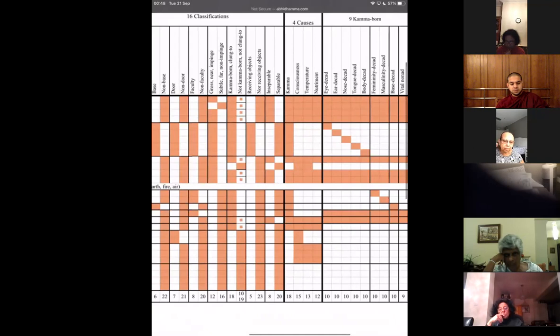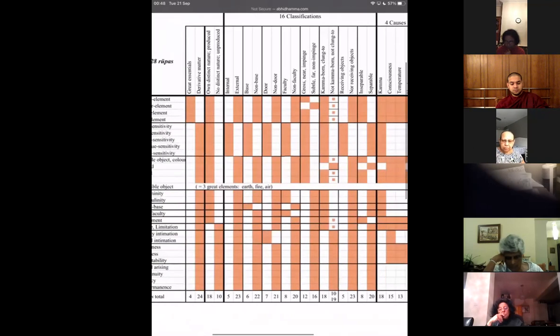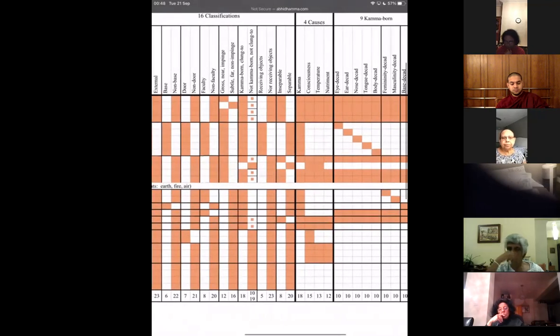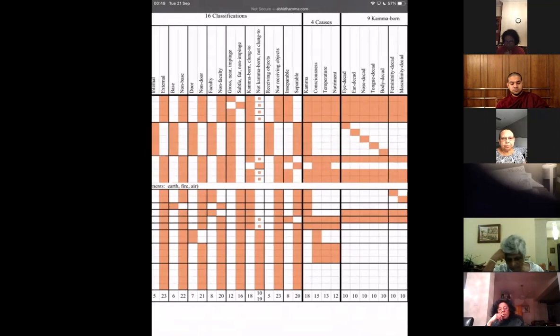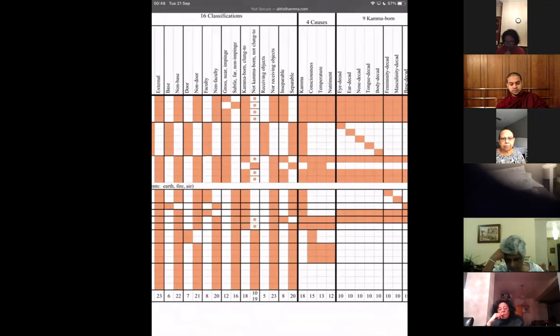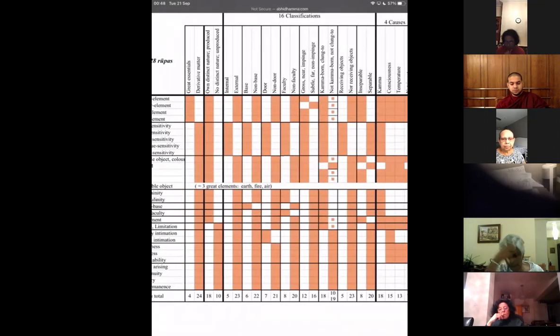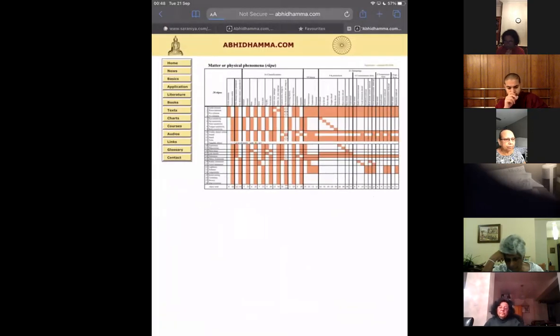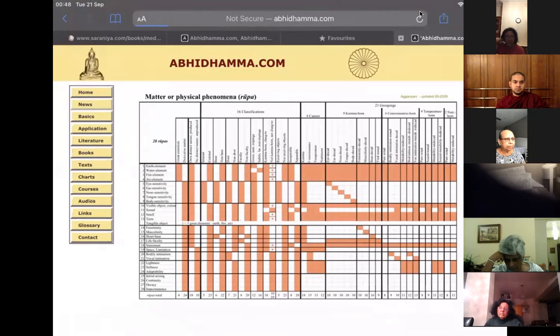So all the materiality under the karmaja section is a result of karmic resultant. Naturally karmic resultant comes into the animate rather than the inanimate.